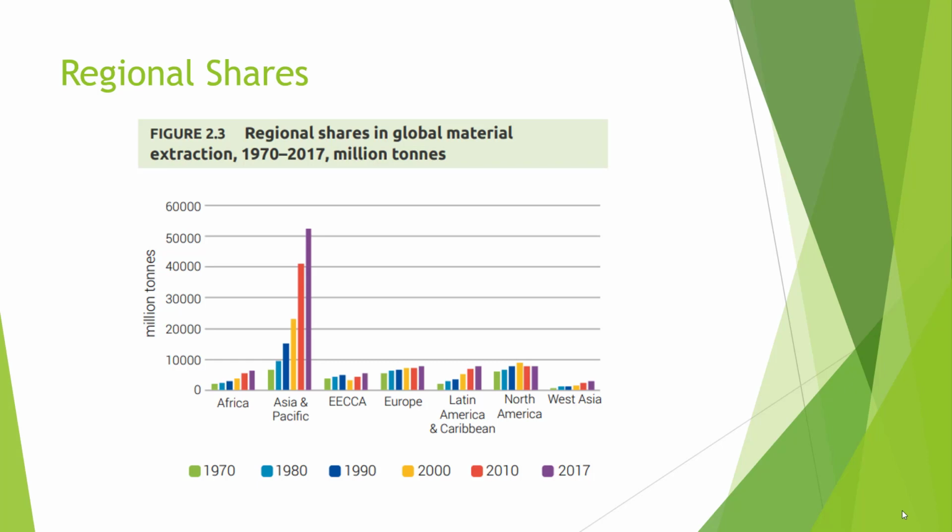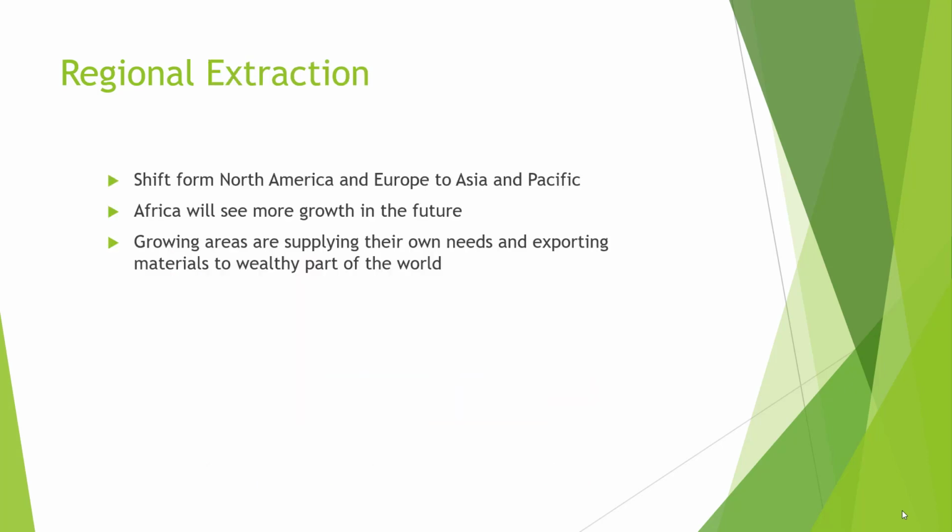And you can look at the other, Europe and North America and Africa are similar rates in 2017. So regional extraction has shifted from North America and Europe to the Asian Pacific. Africa, you're going to see more growth in the future, and growing areas are supplying their own needs and exporting materials to the wealthy part of the world.